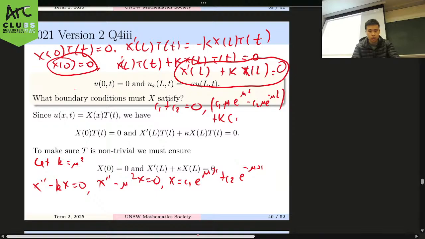So e to the mu L plus kappa C2 e to the minus mu L. So what can we do from here? First condition, we can conclude C2 just has to be the negative C1. So it's kind of easy. So we can see that C1 mu e to the mu L, I don't know why I did a minus.